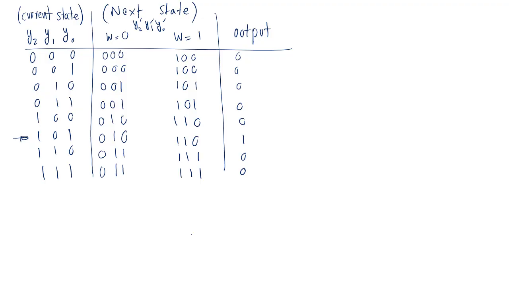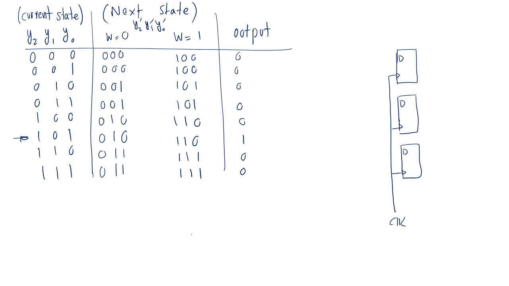Now, the way I'm going to design this whole thing is similar to the structure that we've talked about. My state is a 3-bit state, so I'm going to need 3 flip-flops. These are D flip-flops, and I'm going to have a clock connected to all of them.